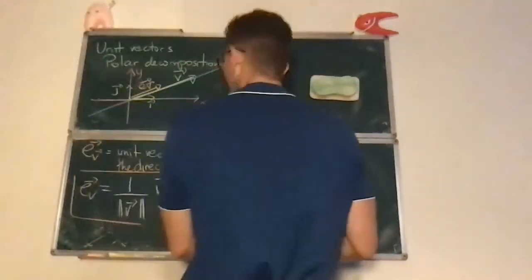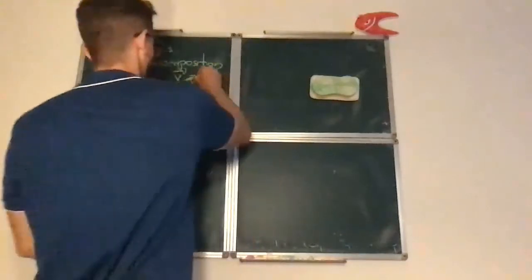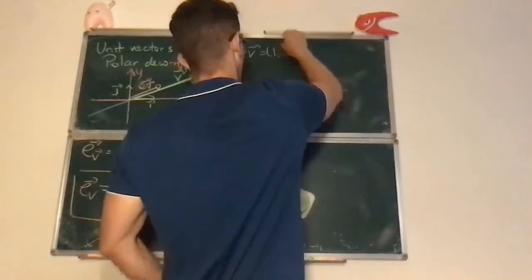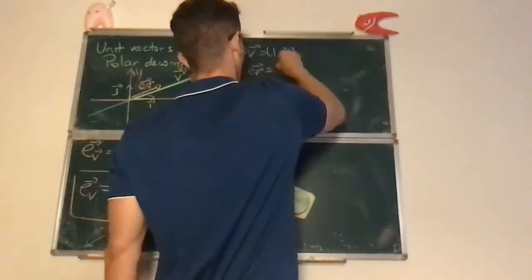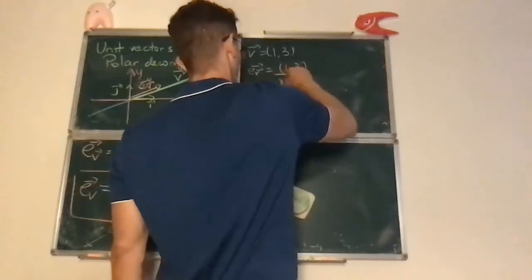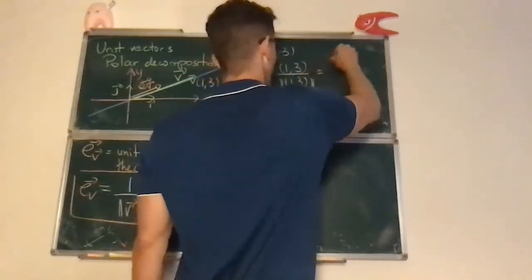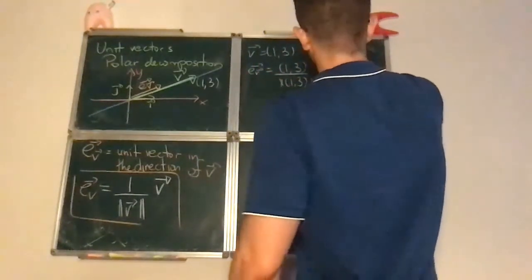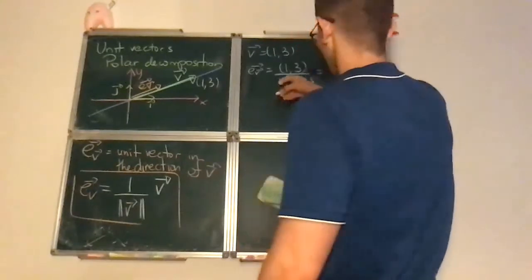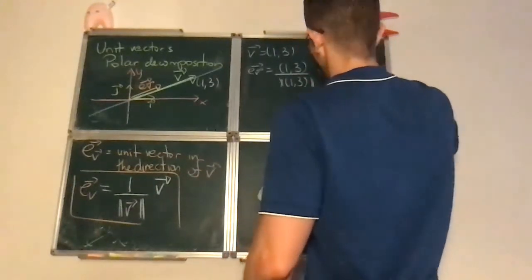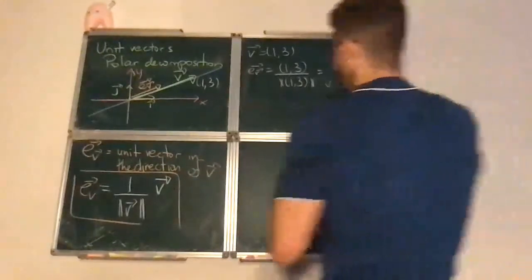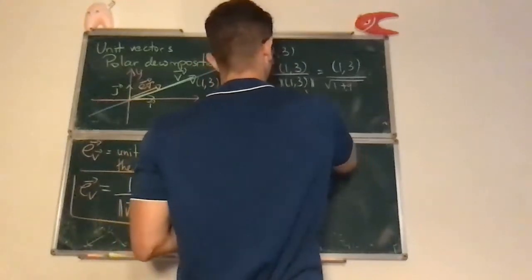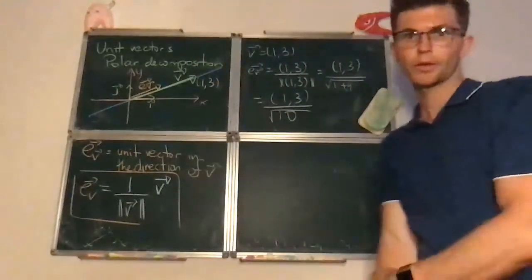For example, let's say that v happened to be (1, 3). Then the unit vector associated to v is (1, 3) divided by the norm of (1, 3). What's the norm of this? Well, this is the square root of 1 plus 9, because it's 1 squared plus 3 squared. And so this gives you (1, 3) over the square root of 10.